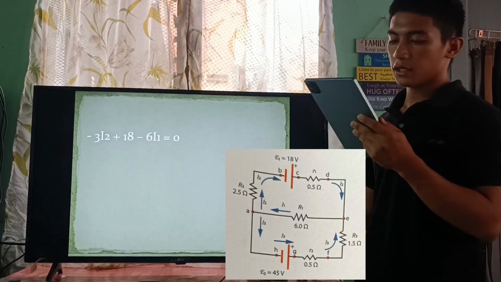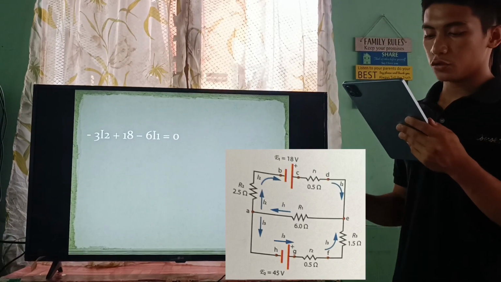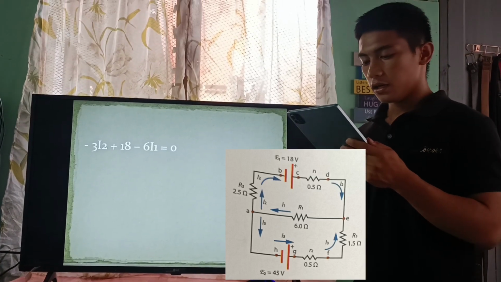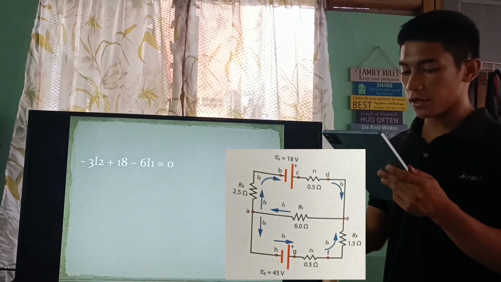And then after that, we are going to apply the loop rule to A, E, F, G, H, A. We could have chosen A, B, C, D, E, F, G as well. It's up to you.